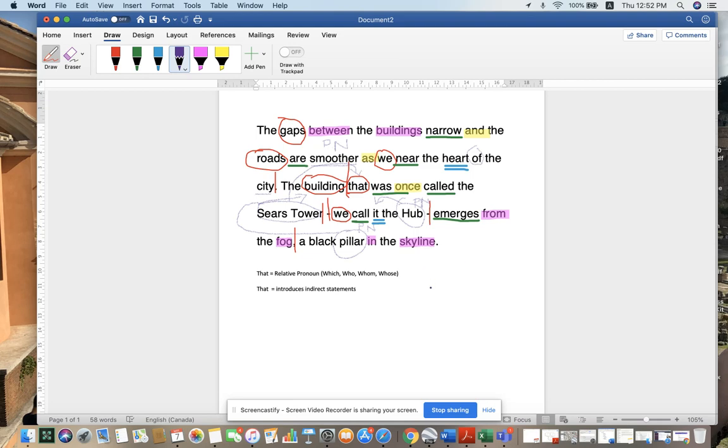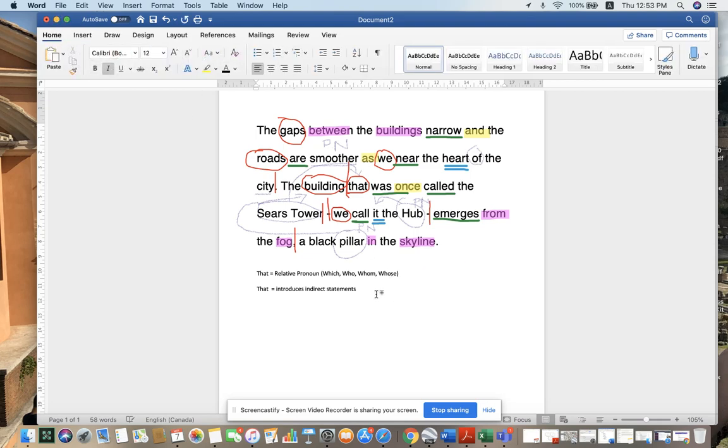All right, last thing we need to do is the verb tenses. So gaps, narrow. Gaps, third person, plural, present, active, indicative. And then we have roads also are going to be.